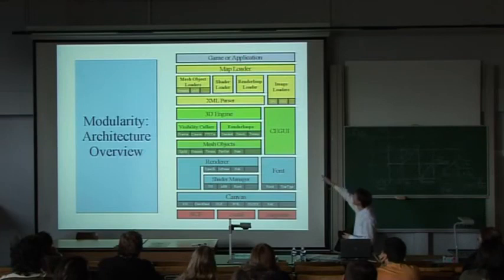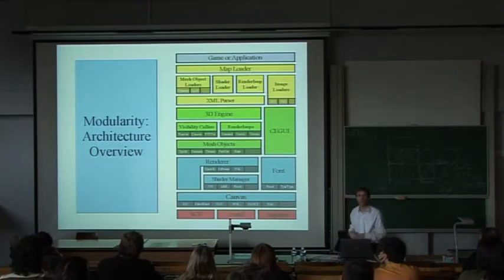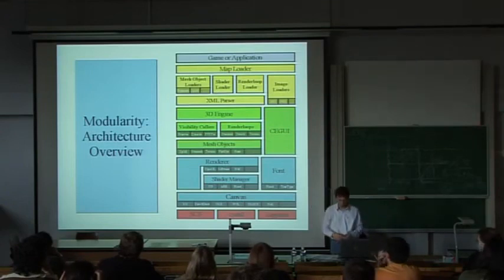And for every mesh object type that you have below, there is also a corresponding loader plugin. For some mesh objects, there are multiple plugins, because we also support binary formats for some of them. So you can have multiple loader plugins supporting other formats. And there's also the XML parser. And then finally, you have the game or the application.